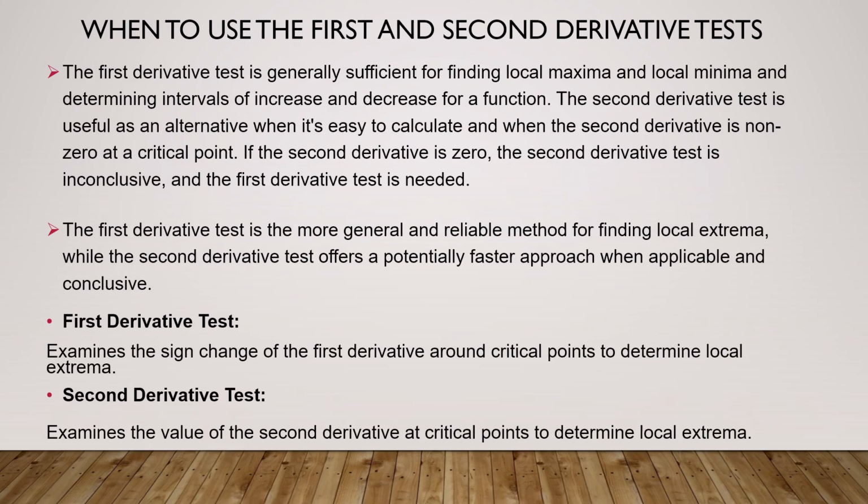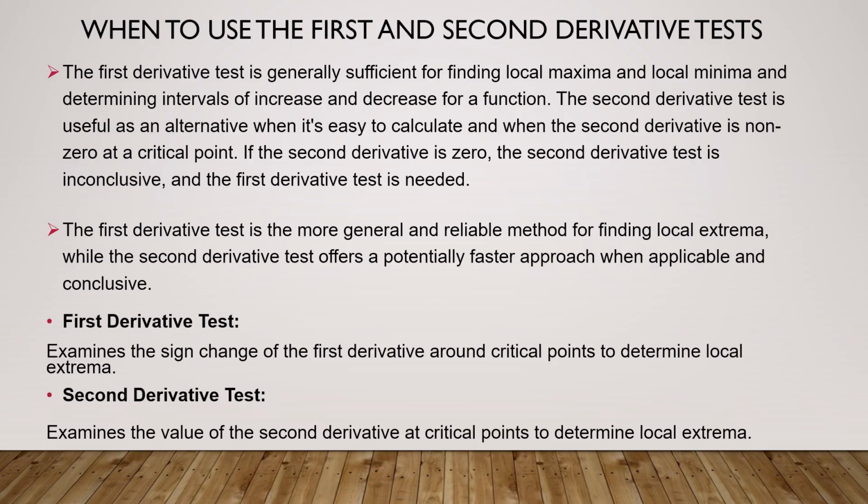Also, the first derivative test is generally sufficient for finding local maxima and local minima and determining the intervals of increase or decrease of a function. The second derivative test is useful as an alternative when it's easy to calculate and when the second derivative is non-zero at a critical point. If the second derivative is 0, the second derivative test is inconclusive and we need to use the first derivative test.